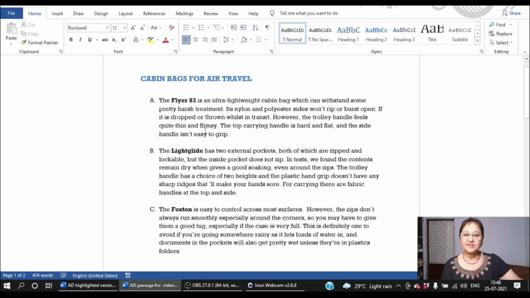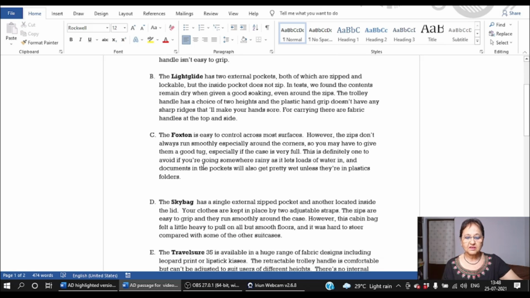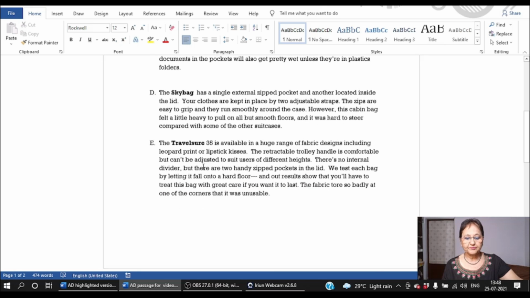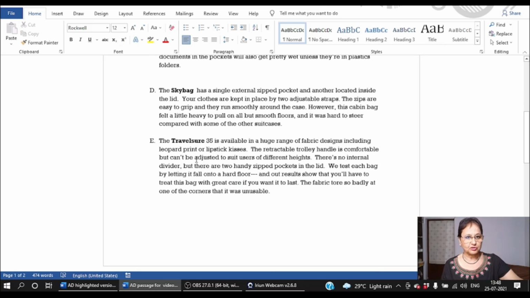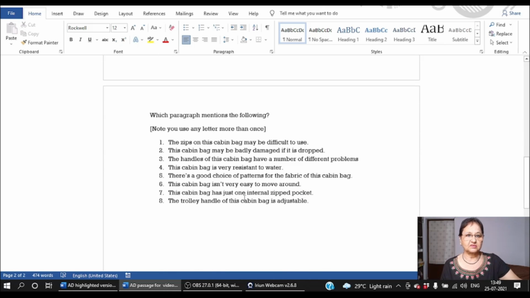First one is Flyer 83, second is Light Glide, third is Foxton, D is Sky Bag, and E is Travel Sure. This is the passage. Below that are the questions.